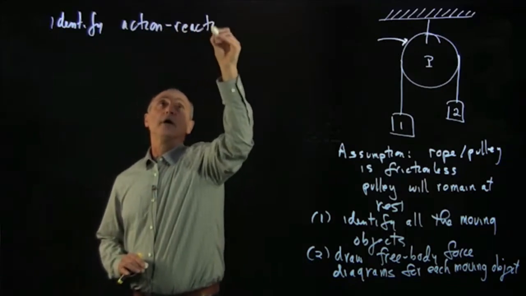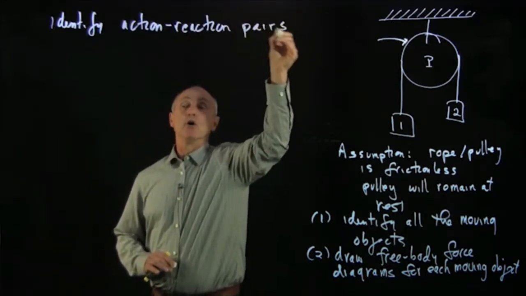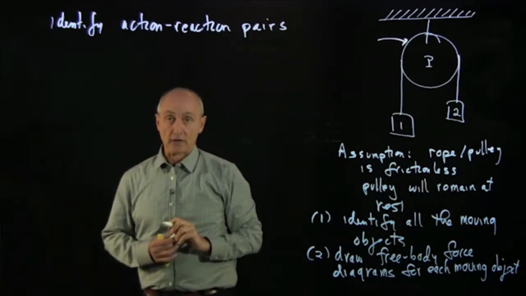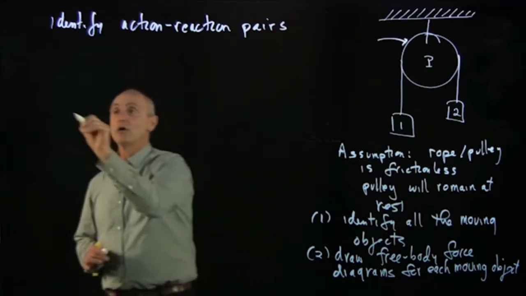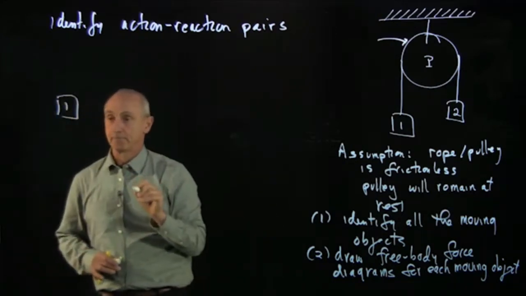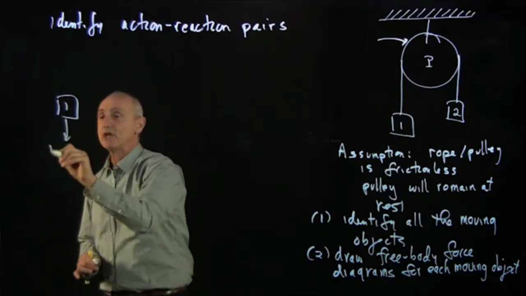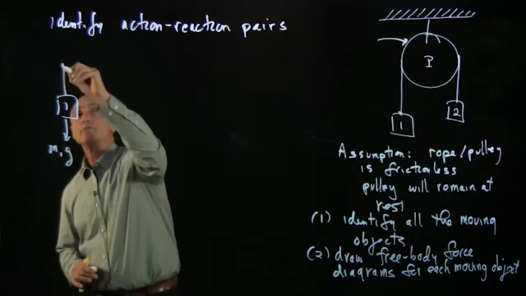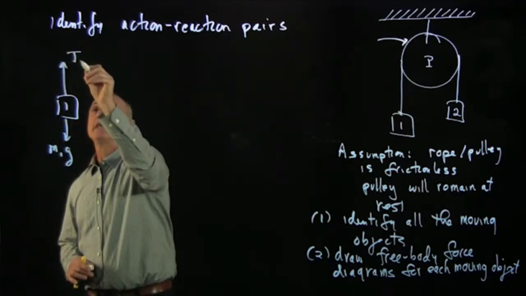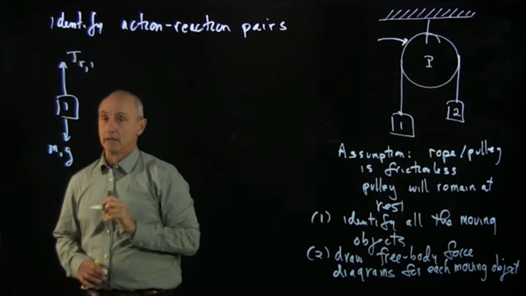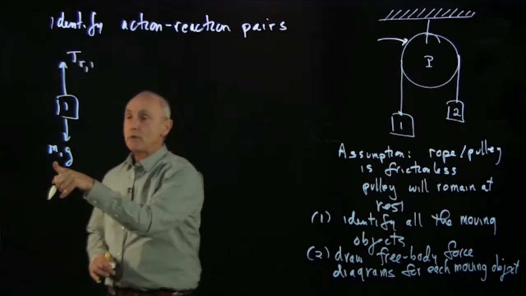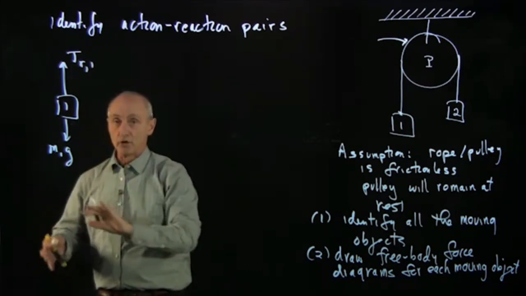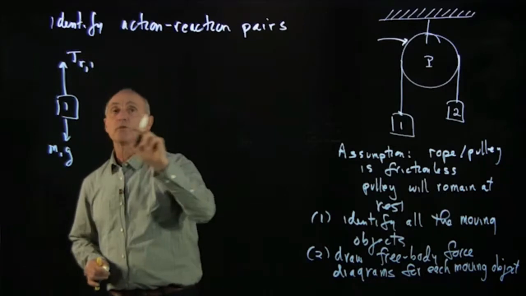As I draw these free body diagrams, we want to ask ourselves what forces form Newton's third law action-reaction pairs. I'll start with object 1. Object 1 has a gravitational force, m1g, and the rope is pulling object 1 up with the tension at the end of the rope, T rope 1. The action-reaction pair to m1g is the force of this mass on the Earth, which we're not considering. What about the rope?